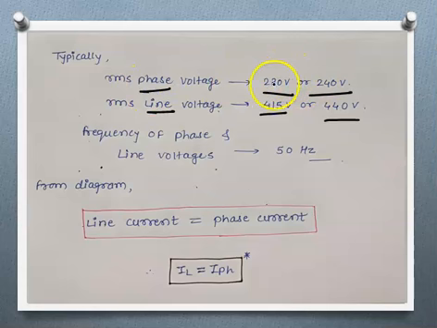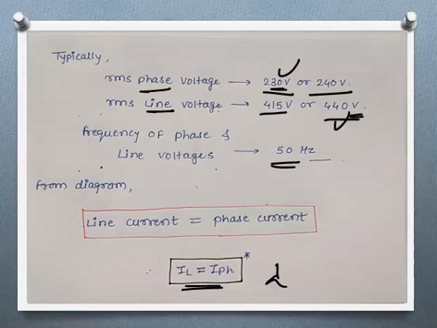In households, we are using this 230 volt supply, and where we require 3-phase supply, we will get this 440 volt. So this is the line voltage and this is the phase voltage, and the frequency of phase and line voltage are 50 Hz only. So from diagram we have concluded that line current is equal to phase current. So IL is equal to IPH, and this is an important relation we have got in case of star connection.